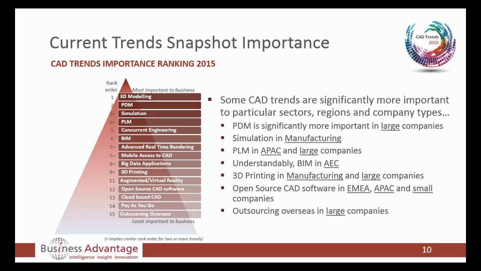Then the average or mean scores were used to construct this pyramid, which showed the rank order of importance to the business. Trends with the highest mean score are at the top, and you can see quite clearly 3D modeling, PDM, simulation, and PLM form the 4 most important trends to business at this time.